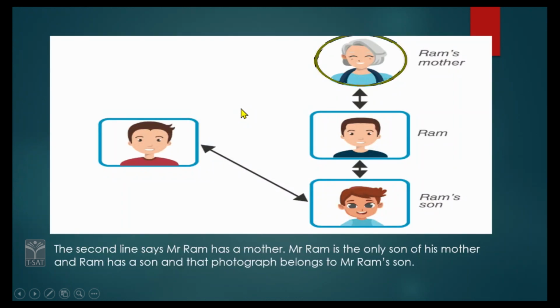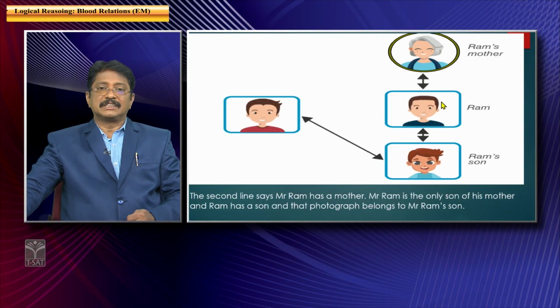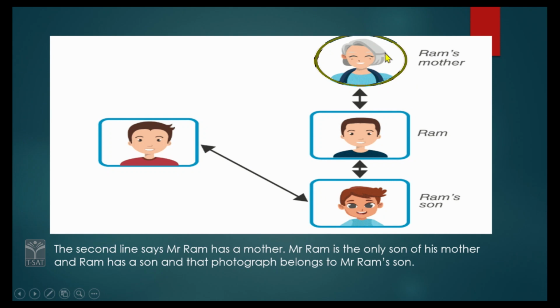Now, another pictorial diagram is represented here. She is Ram's mother and he is Ram. Ram is the only son of Ram's mother. It is very clear, the second line says Mr. Ram has a mother and Mr. Ram is the only son of his mother, and Ram has a son.